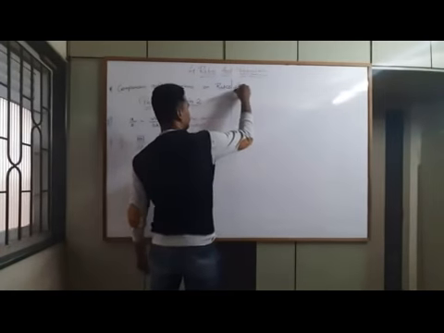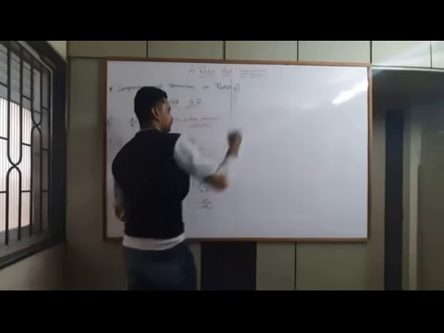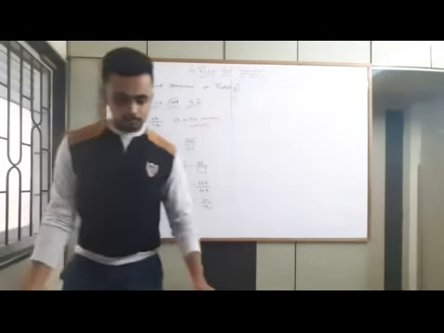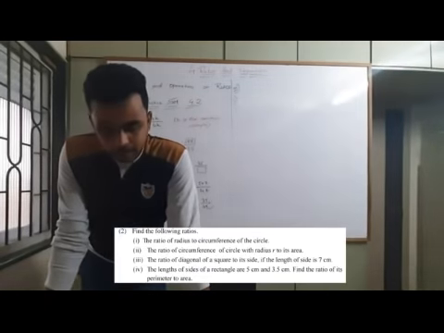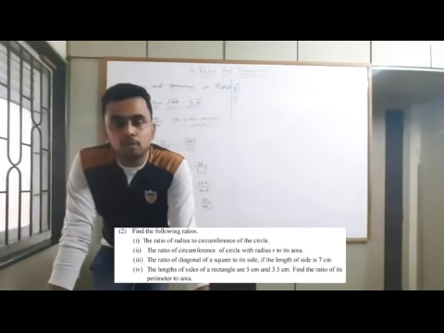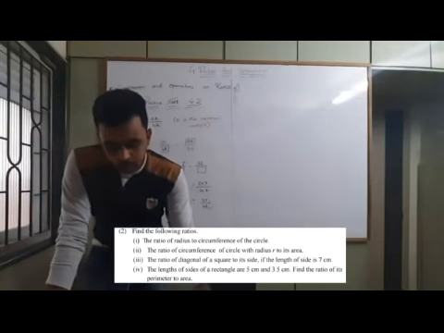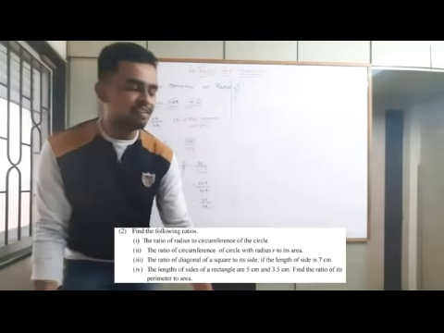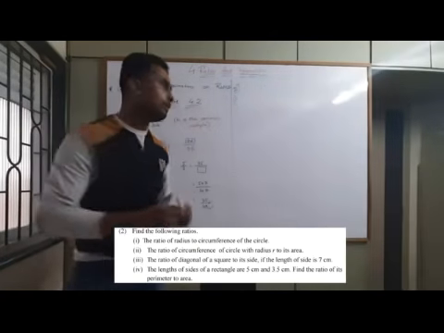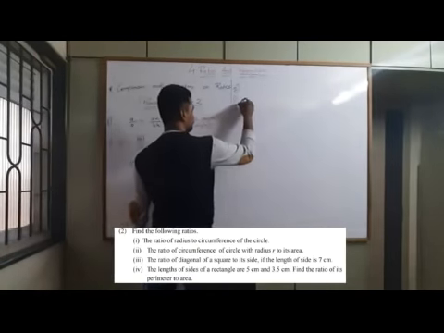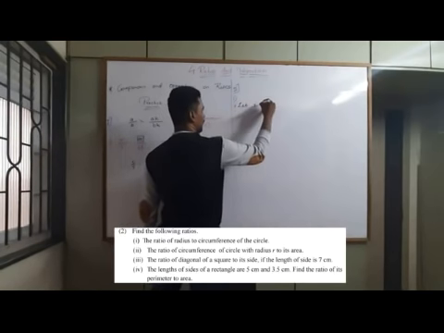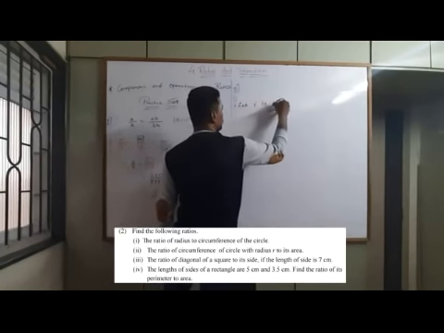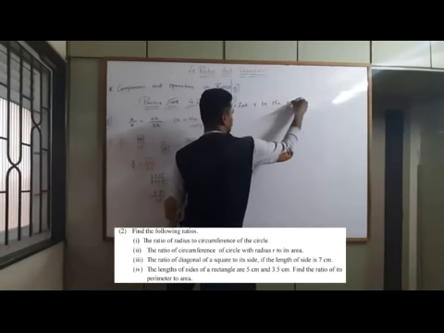Question number 2. Read it out, please. Find the following ratio. Now here we are supposed to create our own ratios. The ratio of radius to circumference of the circle. So first thing that we consider is let R be the radius.